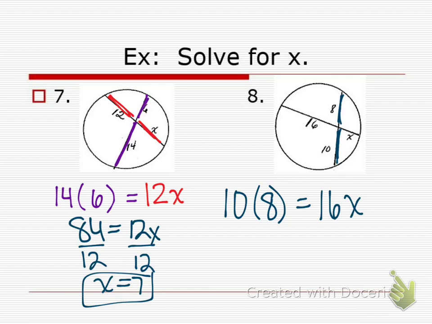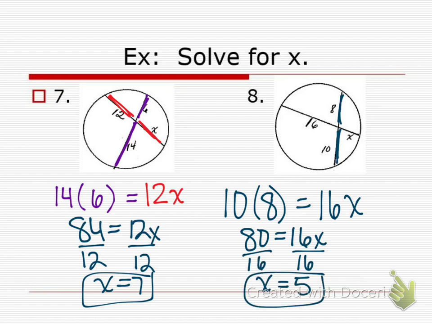If you wanted to do the 16 and the x first, that's fine. That's why I say just pick one to start with and go from there. 10 times 8 is 80. To get x alone, divide by 16. What do we get for x? 5.